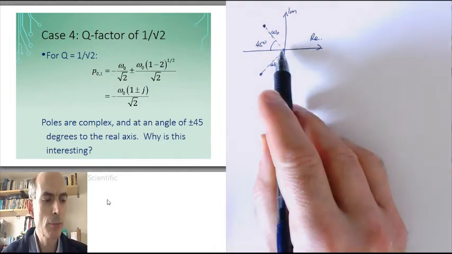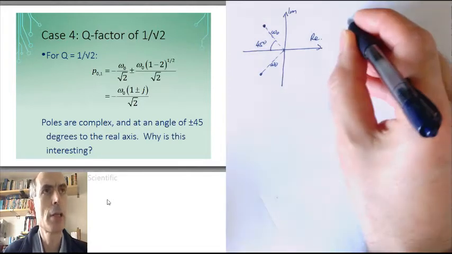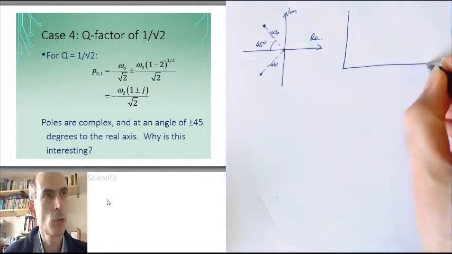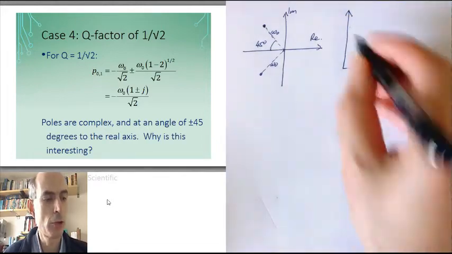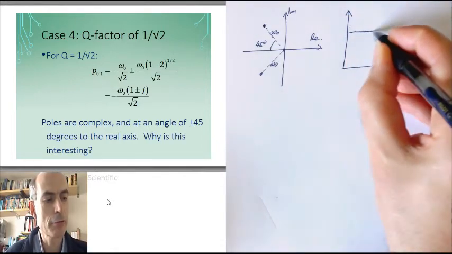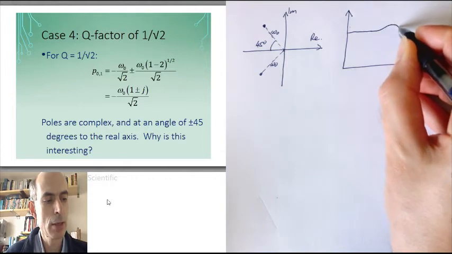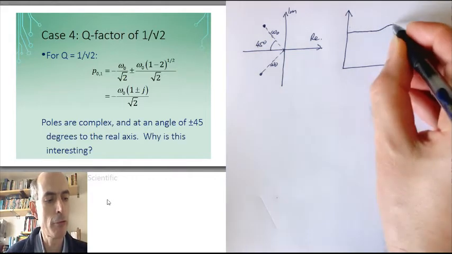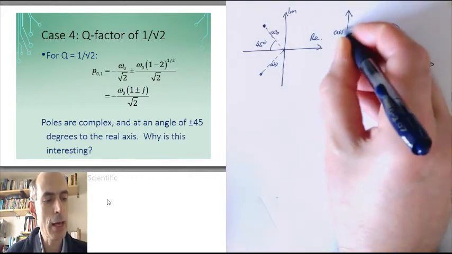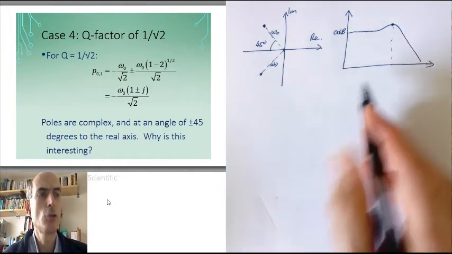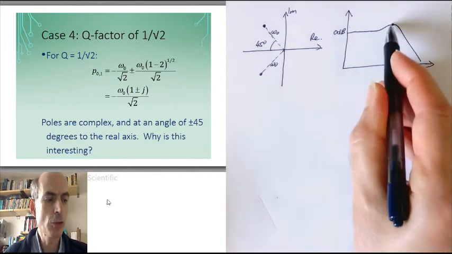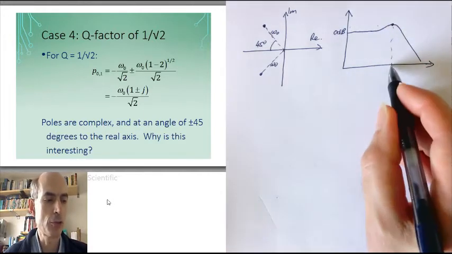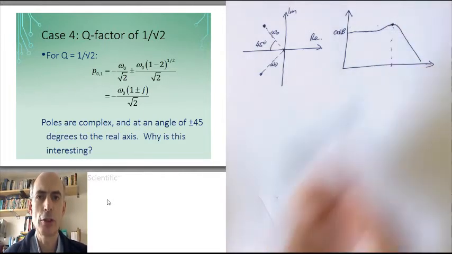Right, so what's interesting about this? Well, we have discovered so far that the amplitude response of these second-order systems can have a resonant peak, a value above 0 dBs at certain frequencies, usually somewhere around the resonant frequency. They're always slightly below the resonant frequency, but somewhere in that vicinity.